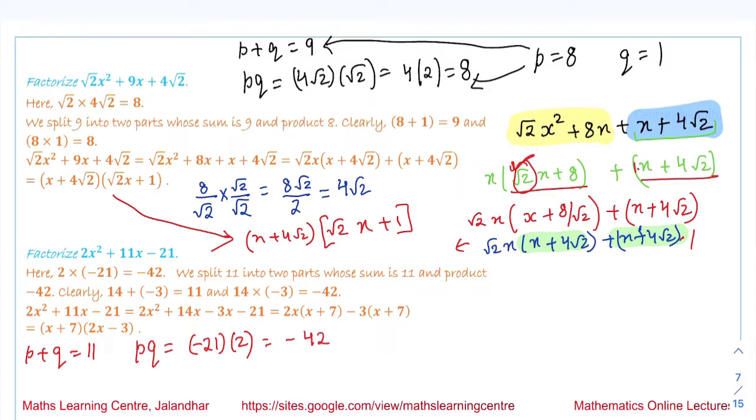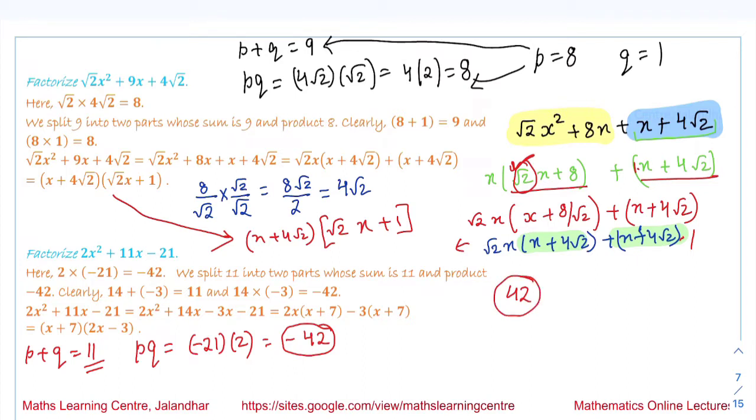For minus 42, we need the product to be minus 42 and their difference should be 11. Why am I using the word difference? Because now the numbers are negative. You can say their sum is positive, but we are looking at the factors of 42, so we are considering it as positive. So we are looking at the difference over here.